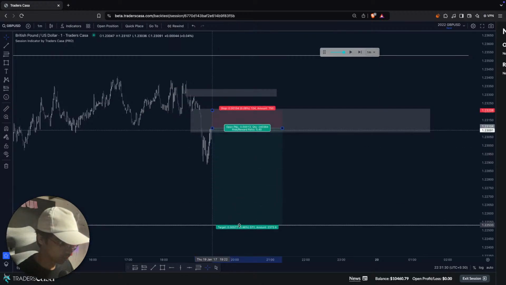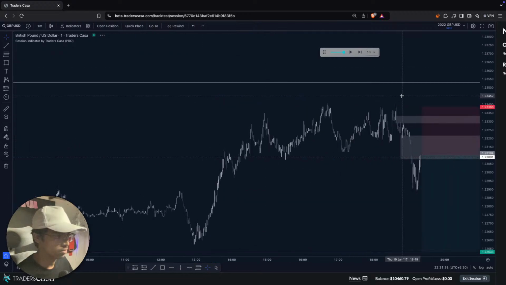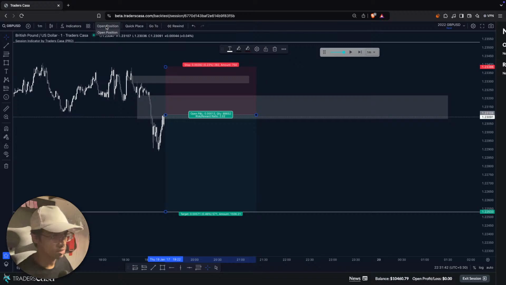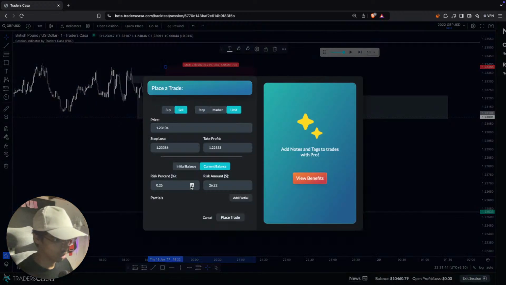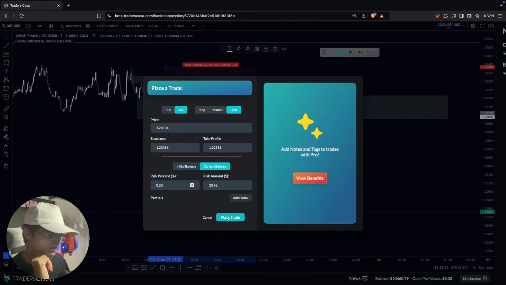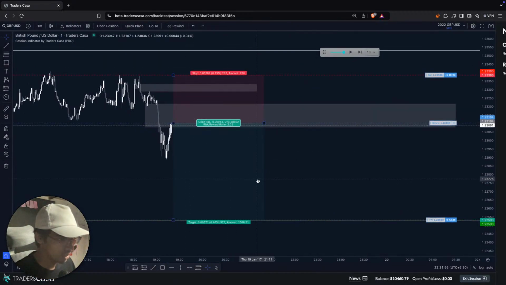Then downwards, then it should be upwards, right? At this point, yeah, good. I don't want to lose more than $20, so for this open position I'll take a $20 loss. Limit buy, place trade. So I have placed a limit trade at this point.